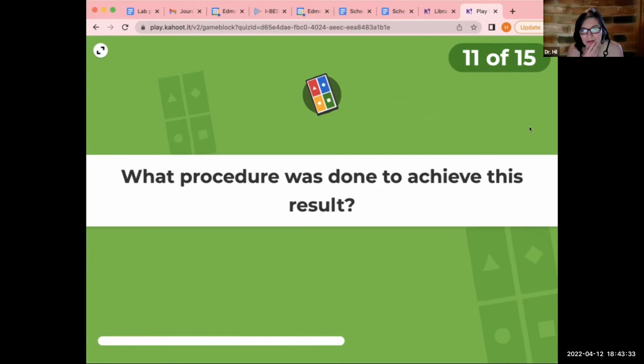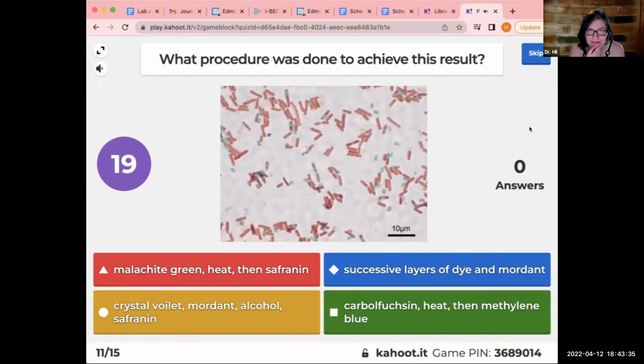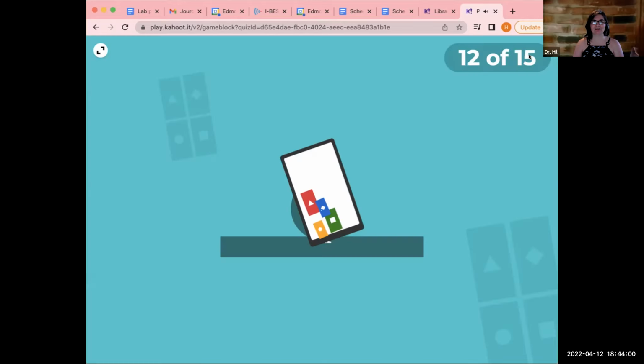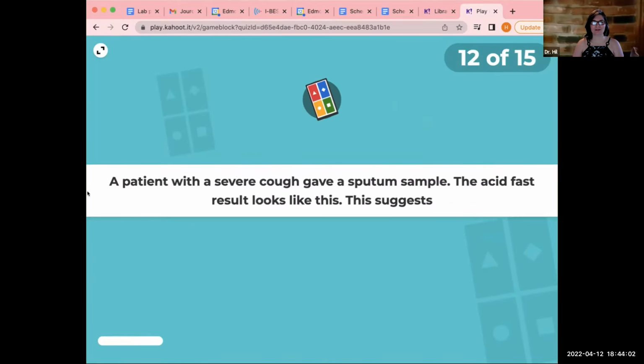What procedure was done to achieve this result? Good work. It was the endospore stain: malachite green, heat, and safranin. You get to do one of those yourself in the lab.